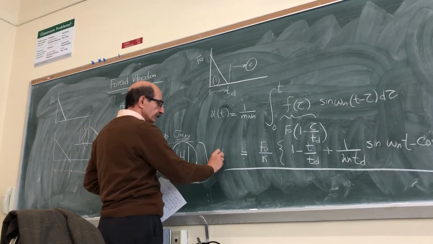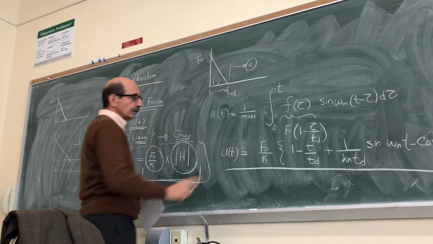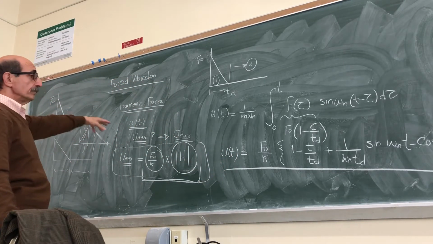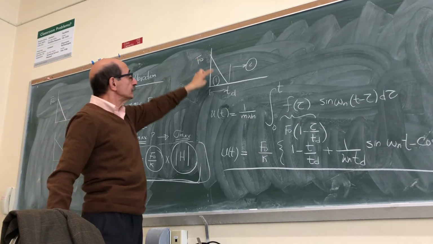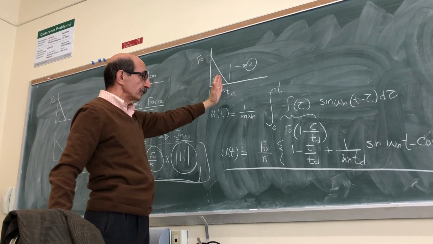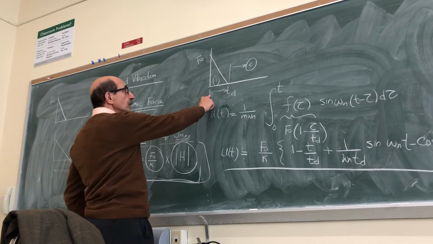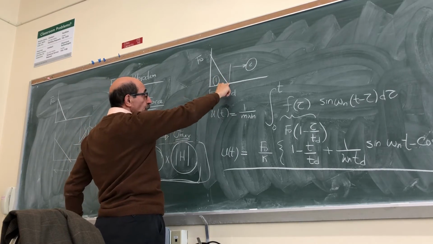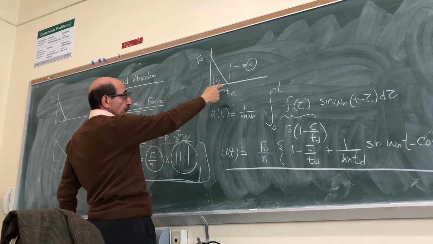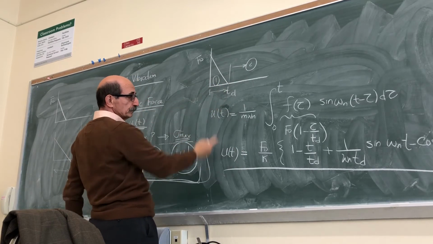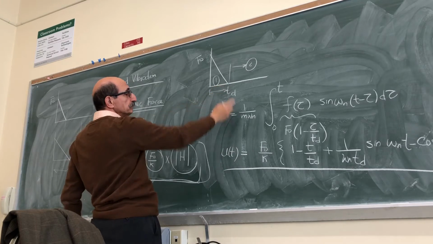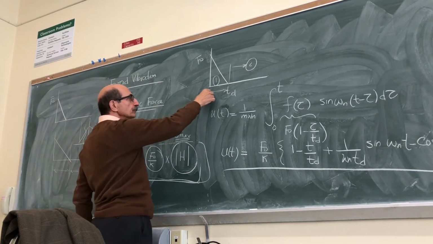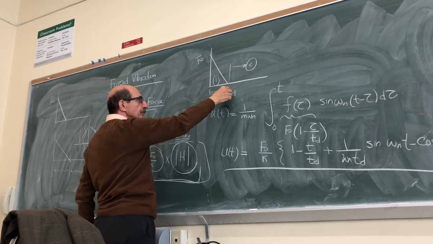This is the response of this system while this force is acting on the system, in other words, from here all the way before reaching that point. When we get to that point, we know, of course, what the value of the response would be by just substituting t equal to t_d in this function, right? But in general, that is the response.